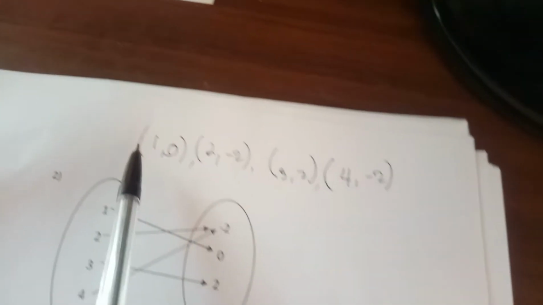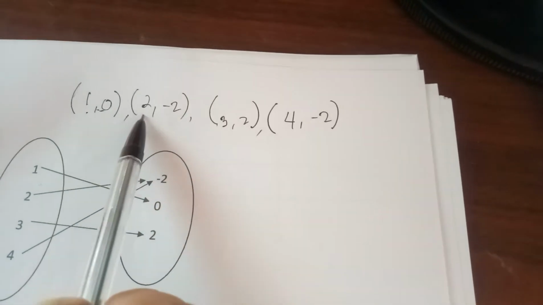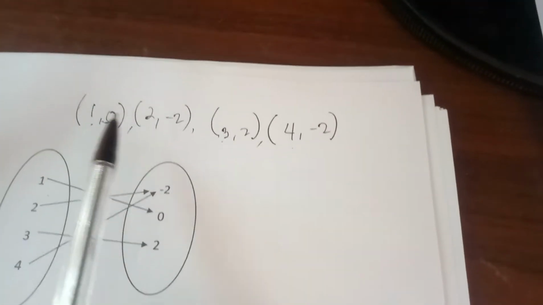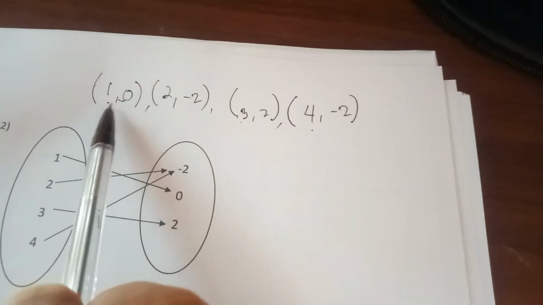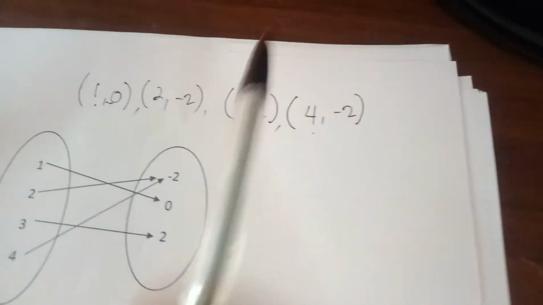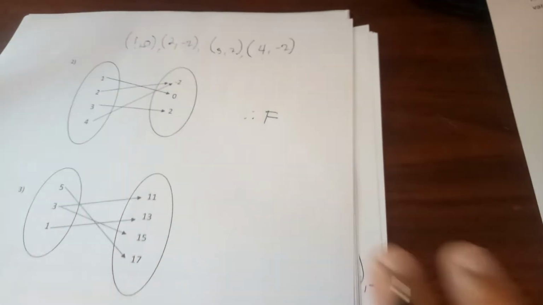So look at the first element or the domain. The first elements are 1, 2, 3, and 4. Is anything repeated in the domain, the first element, the x values? None. So therefore, this represents a function.